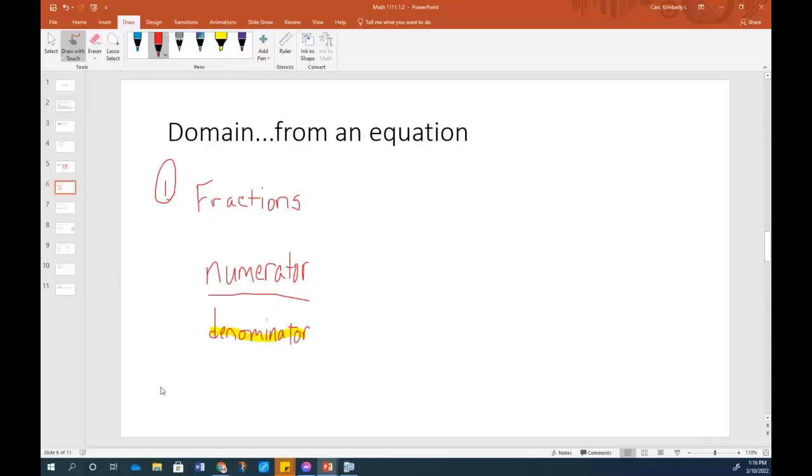For your domain, what you have to do is say the denominator does not equal 0. Then you find out what values make it equal 0 and throw those out because they're not okay to use. You know, division by 0 makes the world explode. So it just cannot happen.